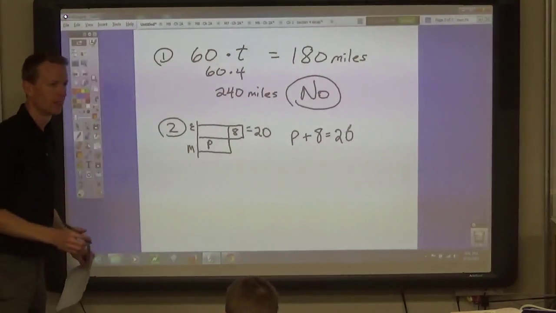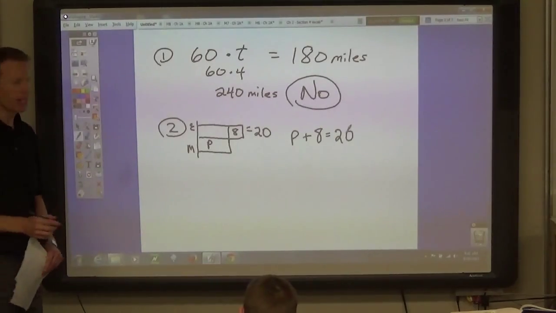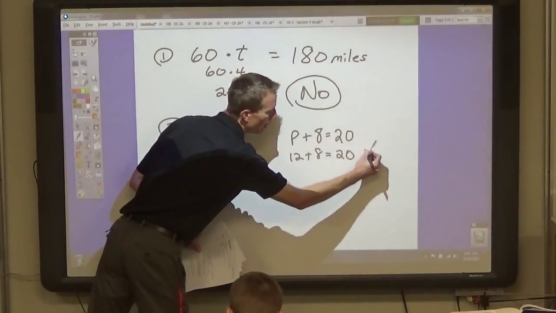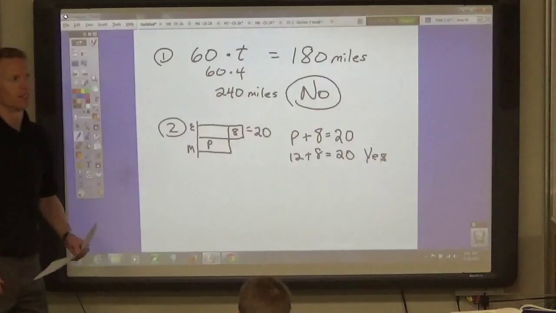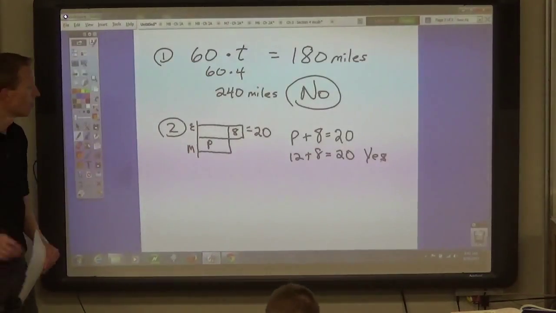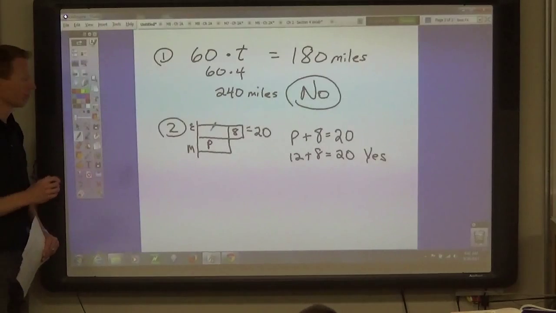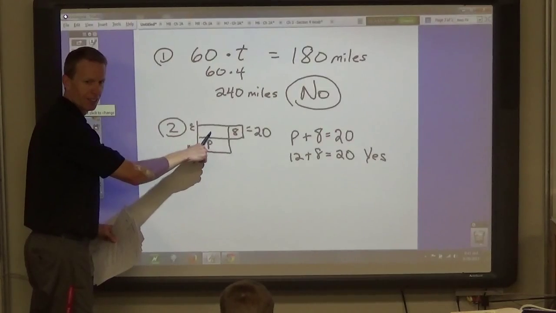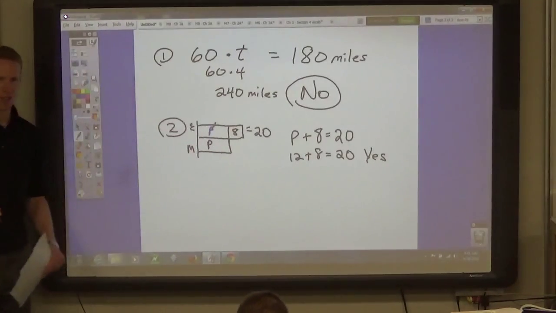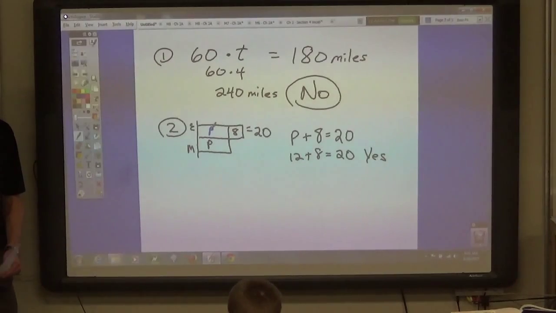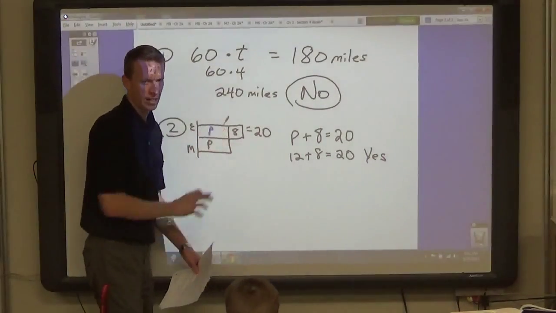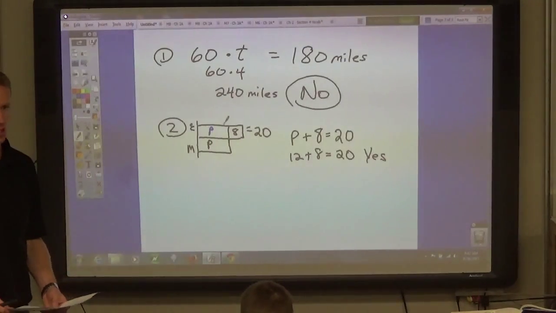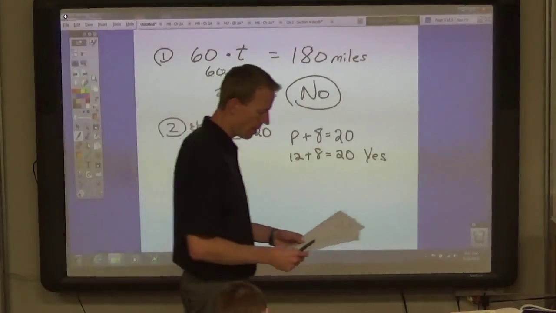Can P be 12? Yes. 12 plus 8 equals 20, and write yes. What letter is missing right here? If this amount is P, then this is also P. Models really help you to write equations. They're really, really helpful. If you can model an equation, you can write them, okay?